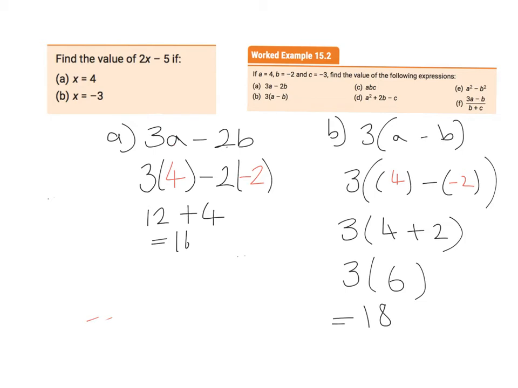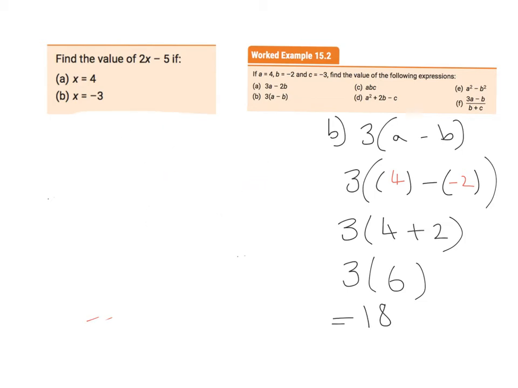Okay, for part C. A, B, C. Now for that, we don't see any pluses, we don't see any minuses. What that means is multiplication, because I said that anytime you see a variable, like an A or a B or a C, open brackets. So in the first bracket, I'm going to put in what A is equal to.